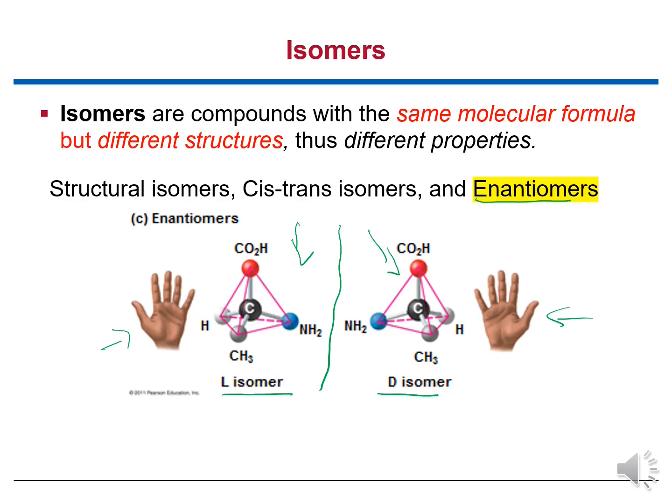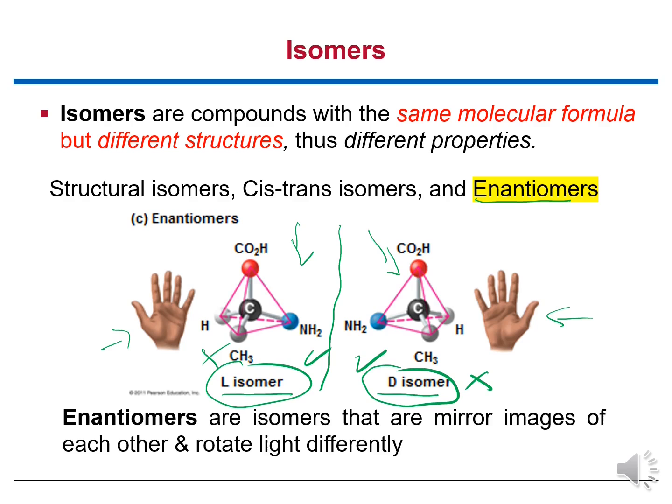For example, when we use medication, one enantiomer could be good for your health, and the other one could create side effects, and it could almost kill you. Or the opposite. So this is something that we have to check very well, and we will talk about it in a second.